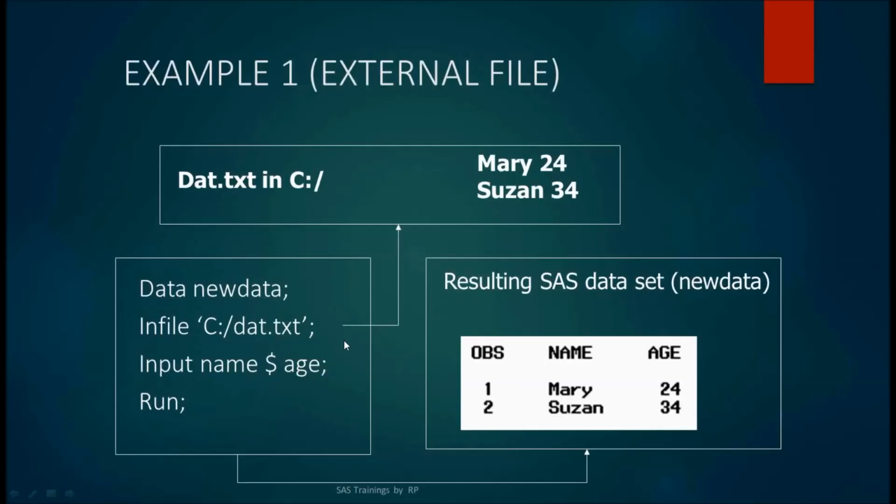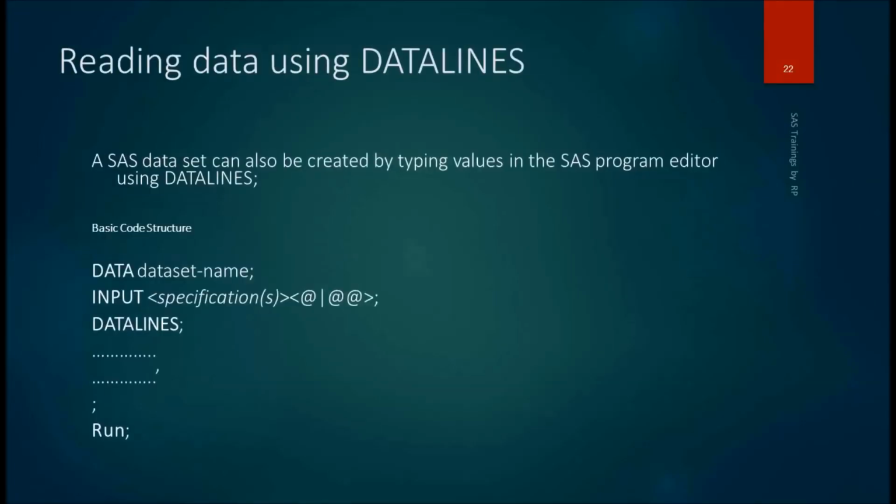Coming to the presentation, there is one more statement called the DATALINES statement, to create a SAS dataset by passing variables and observations in the program. If you see, the DATALINES statement example looks like this.